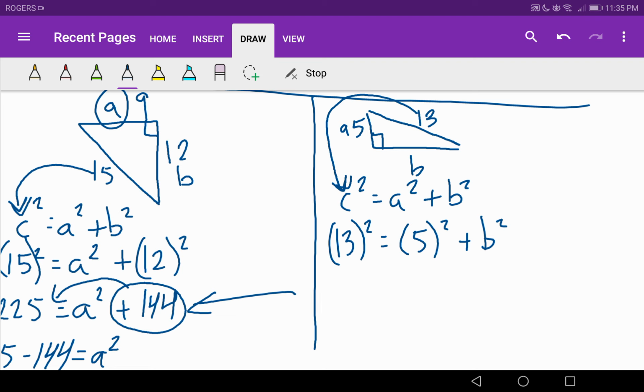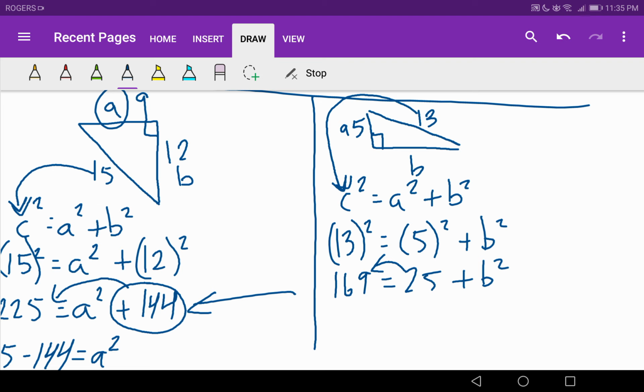All right, pull out your calculator, and you can do 13 squared, that's 169. 5 squared is 25. And then write out the rest, because you can't do anything with the B squared yet. I know that I need to get B squared by itself, so I need to bring the 25 over to the other side. Well, how do I bring over that 25 to the other side? By subtracting it, because it's a plus 25 on the right.